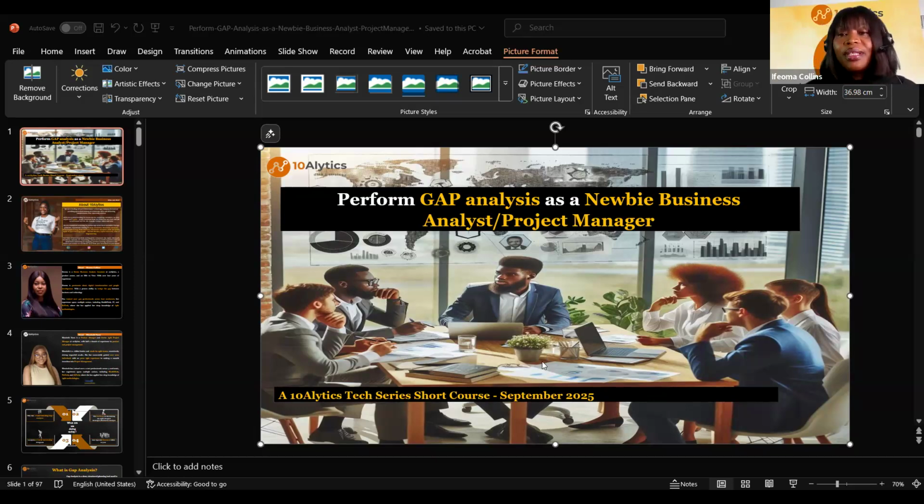So today promises to be very exciting and an eye-opener, and we're going to be looking into how to perform gap analysis as a newbie business analyst or project manager. So let's get started.